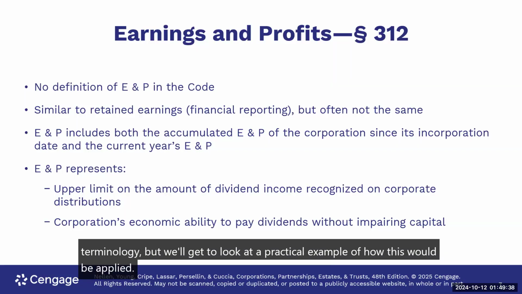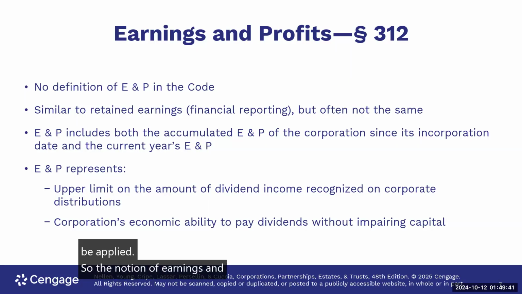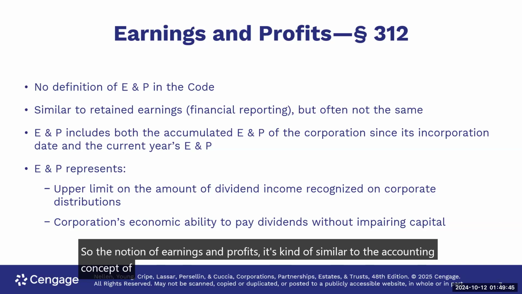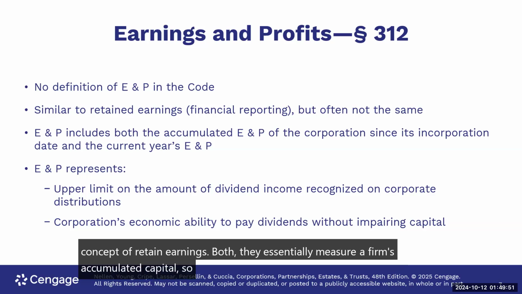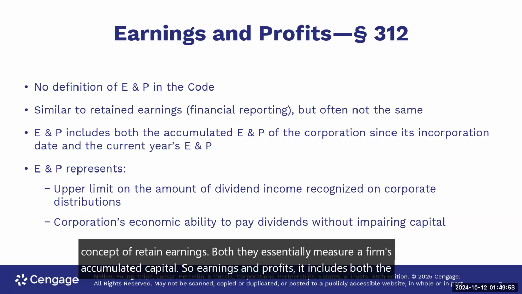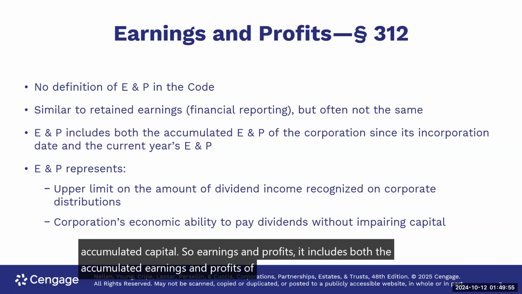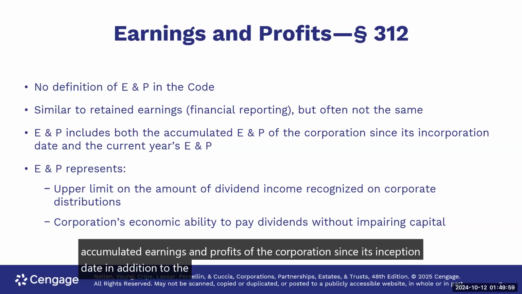The notion of earnings and profits is similar to the accounting concept of retained earnings. Both essentially measure a firm's accumulated capital. Earnings and profits include both the accumulated earnings and profits of the corporation since its inception date, in addition to the current year's earnings and profits.